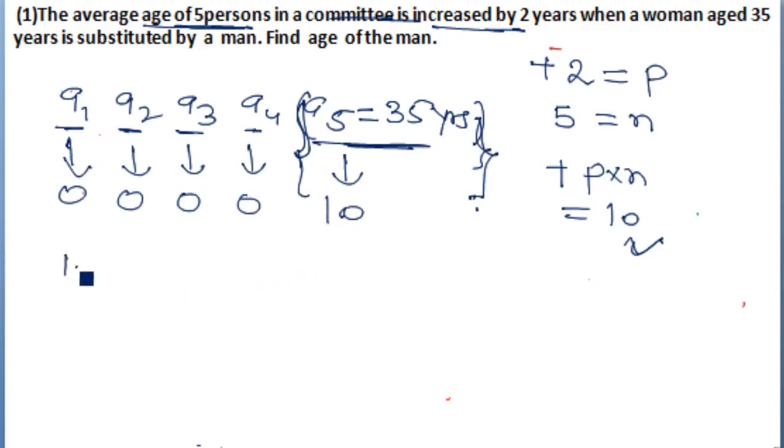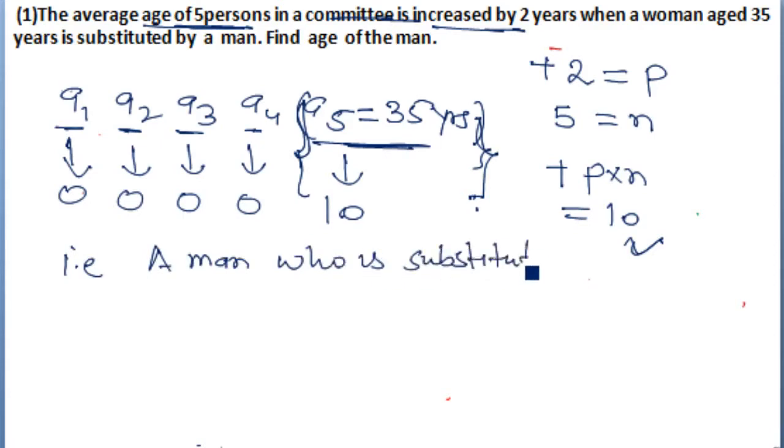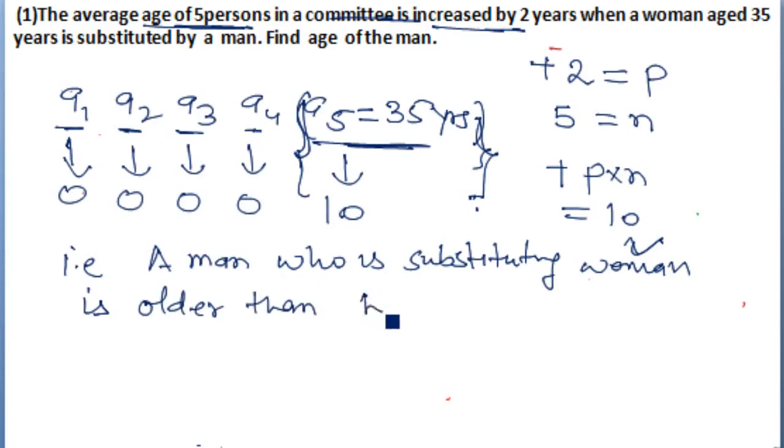That is, the man who is substituting the woman is older than her by 10 years.